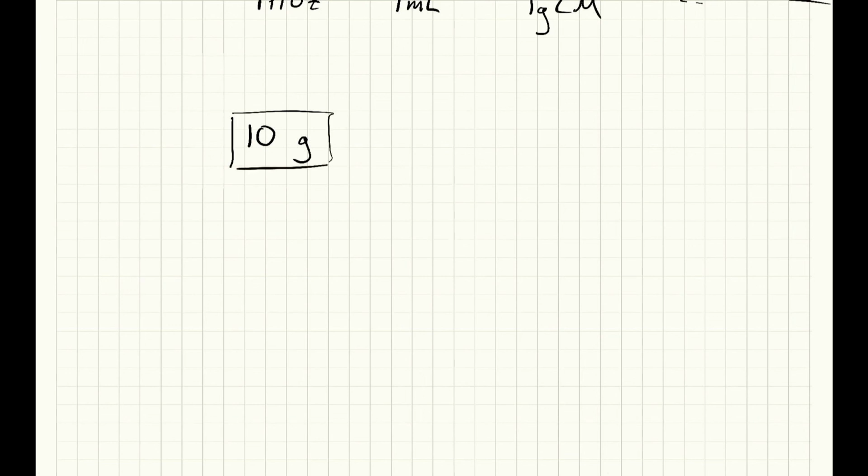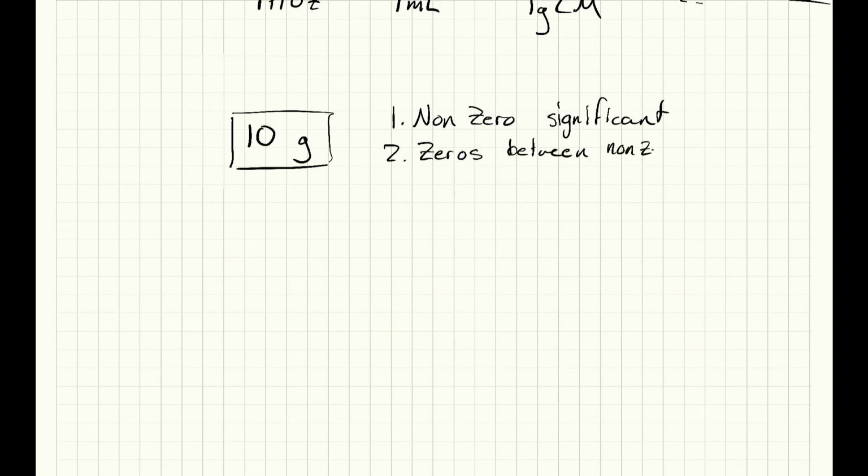What are the rules? The rules are: non-zero numbers, those are significant. And then zeros between non-zero numbers.